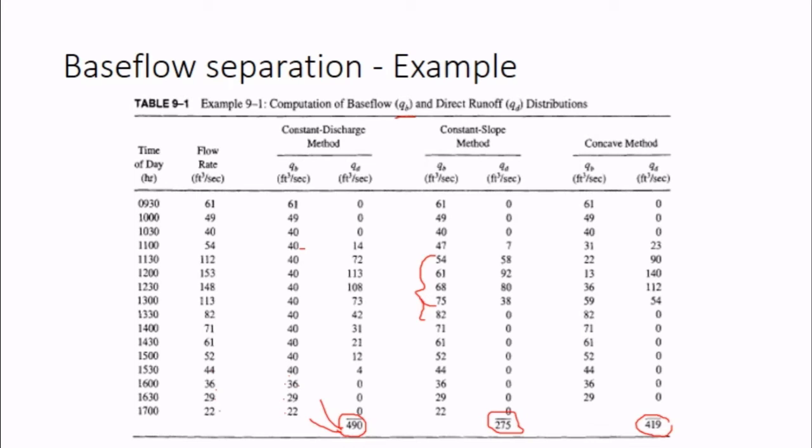So, kung ano yung fit doon sa watershed na ina-analyze mo, or doon sa area na dinidesign mo, or urban area na dinidesign mo. For example, isang community or land development, isa kang land development engineer. Gamitin mo yung mas conservative, lalo dito sa Philippines.